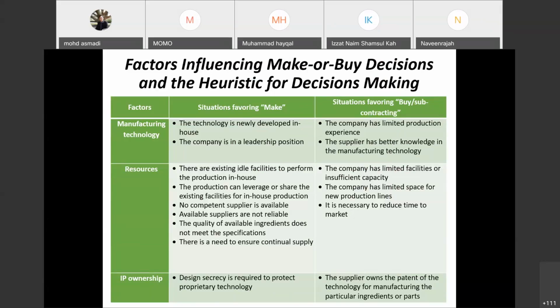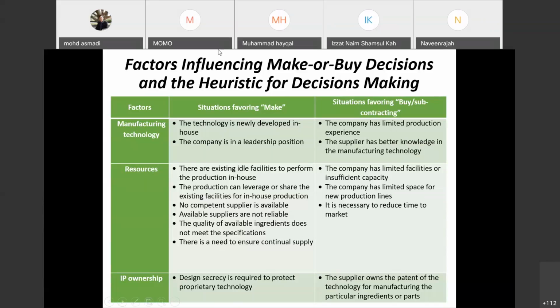We can do the procedure in parallel: we gather the information for outsourcing and for internal production, and then we evaluate this data so that you can make a decision. So this table is important whether you want to make a make or buy decision.